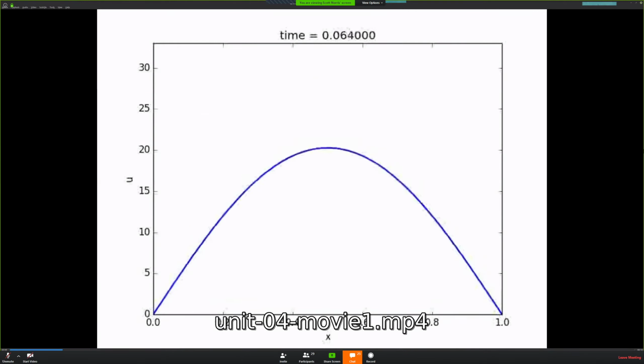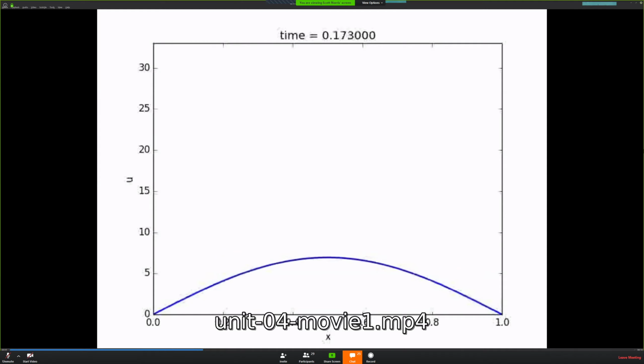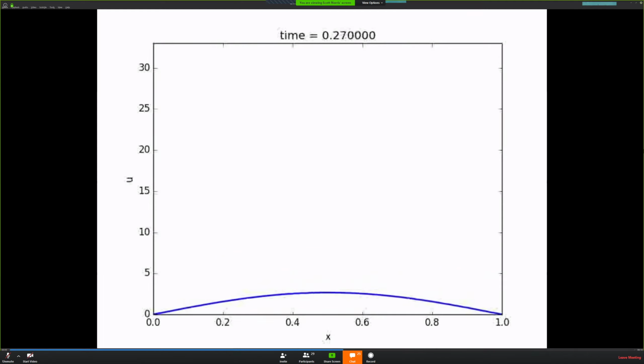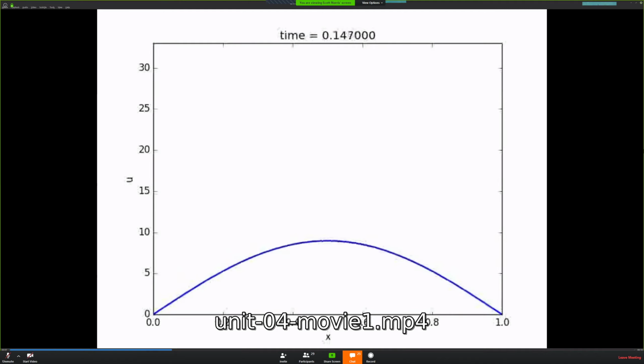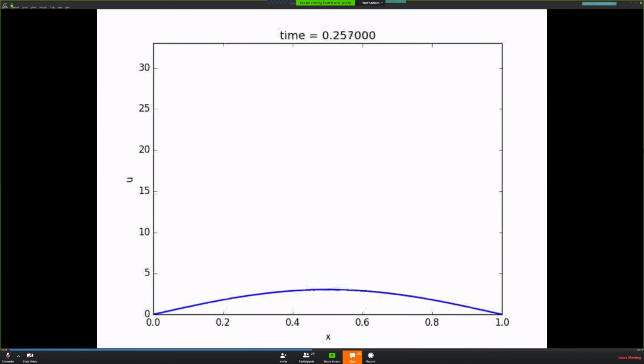Rapid loss of temperature at the edges, and then the whole thing starts decaying, but it slows down, right? As it gets closer and closer to being flat, it slows down, and that's what we expected. The concavity is decreasing, the slope is decreasing, and so the heat is conducting at a slower rate, and so it's behaving exactly like we anticipated.